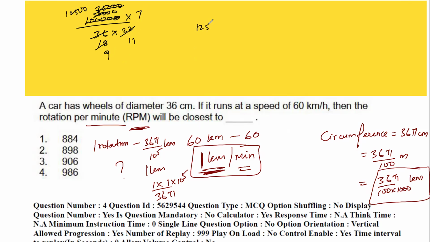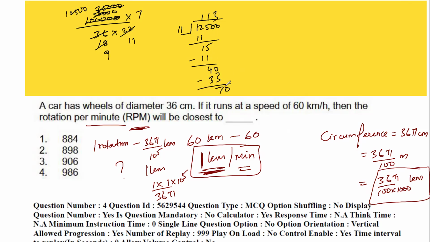Right, so 12,500 divided by 11. So 11 ones are 11, 15, 11 ones are 11, 40, 11 threes are 33, 70.